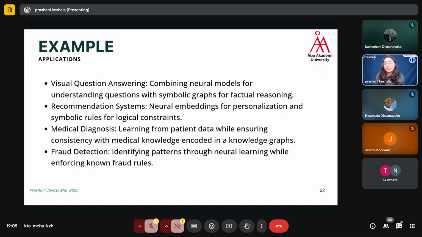Fraud detection is quite similar because you have explicitly mentioned regulations. So you can map them out in the way you want, create the rules that you want, put them in the neural network, and it would be much more accurate, much more explainable, much more understandable. So this is a really good place to use neurosymbolic as well.